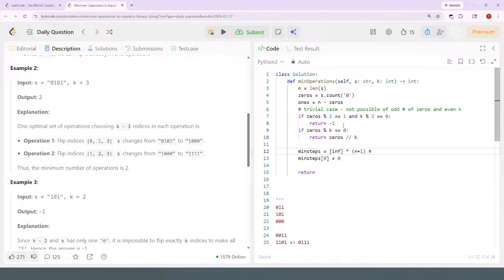This is to track the least number of operations. I guess maybe I'll call it operations instead of steps. Min ops, least number of operations to get to a particular value, particular count of zeros.